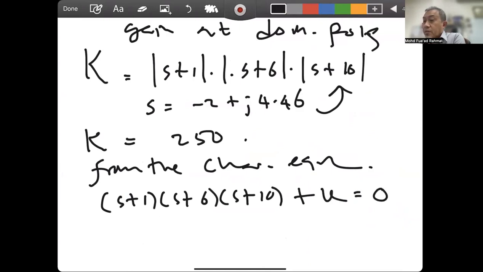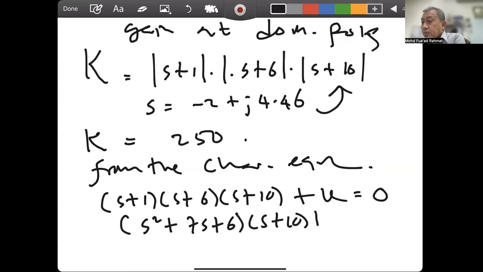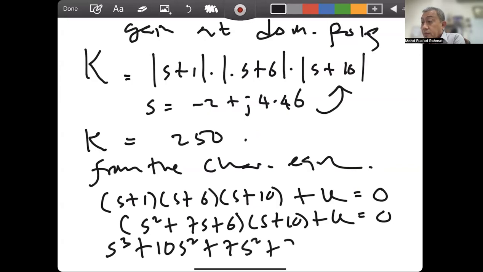So this one you simplify. S square plus 7s plus 6, s plus 10 plus k. Simplify again. S cubic plus 7s square plus 70s plus 6s plus 60 plus k equal to 0.